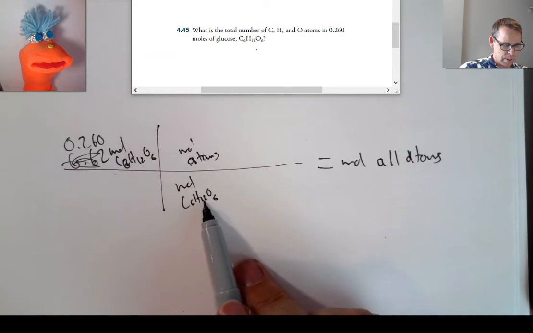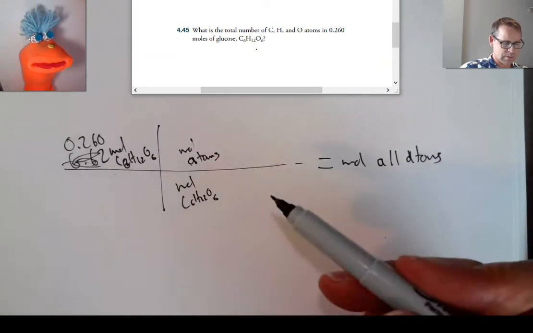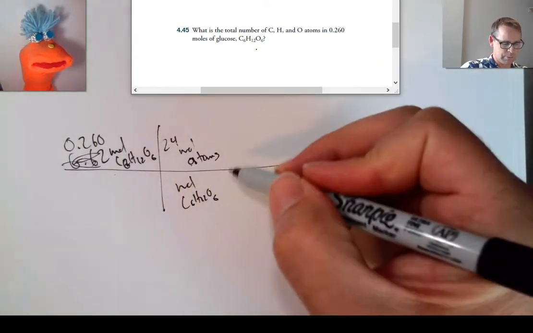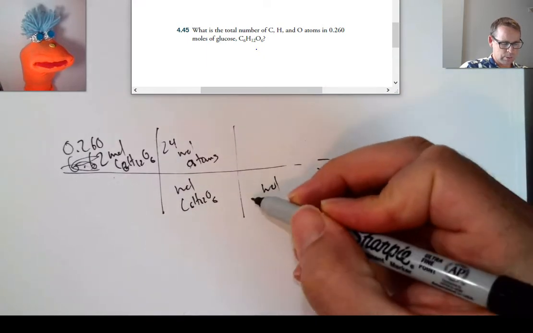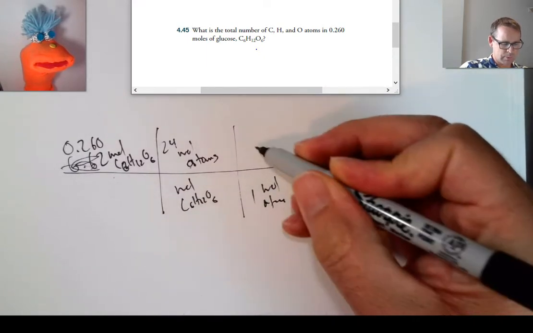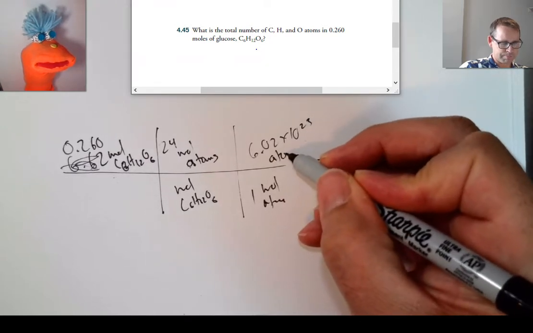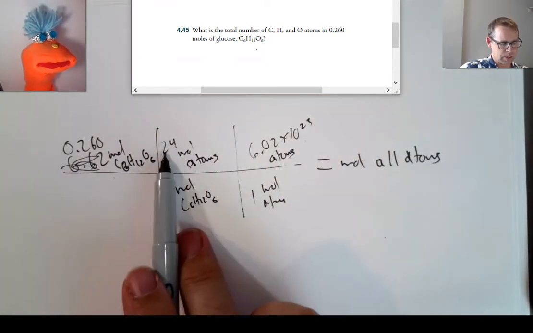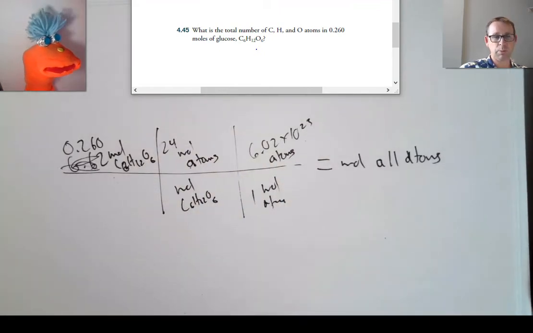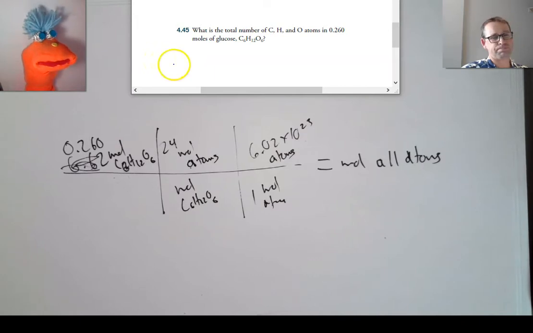And then I could just do 12 plus 6 plus 6, 24 moles of atoms. And then I could go, if I have 1 mole of atoms, I have 6.02 times 10 to the 23rd atoms. So 0.26 times the 24 times that would give me the moles of all the atoms, right? Good.